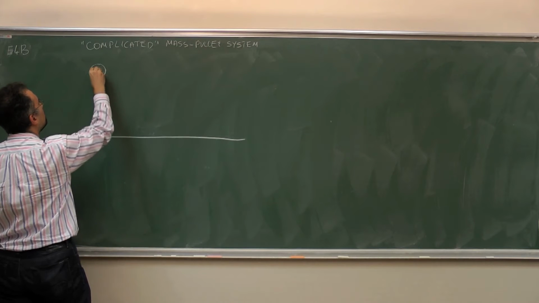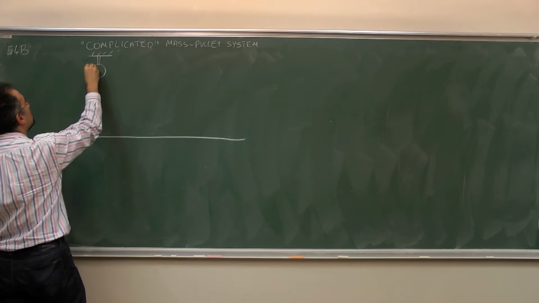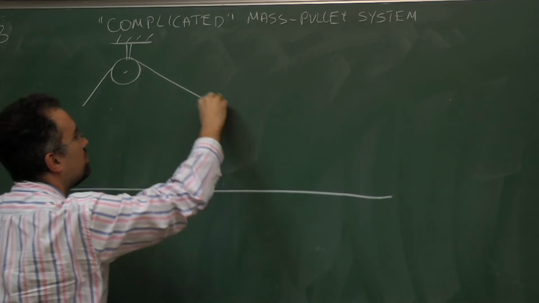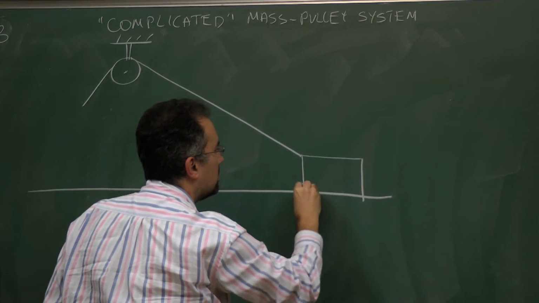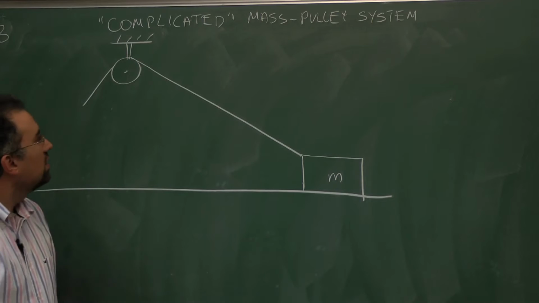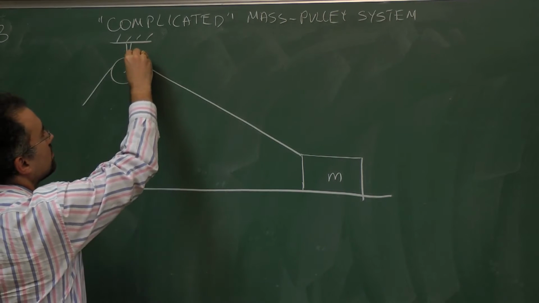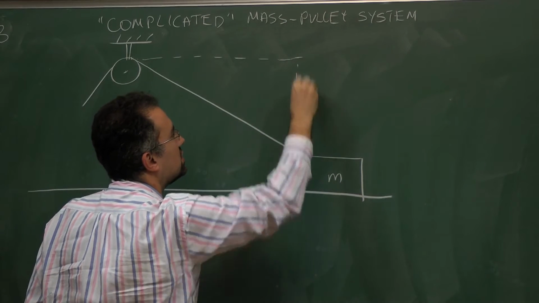So we have a pulley up here, fixed. You have your rope, which is connected to a mass M over there. Now, let me try to get the dimensions right.